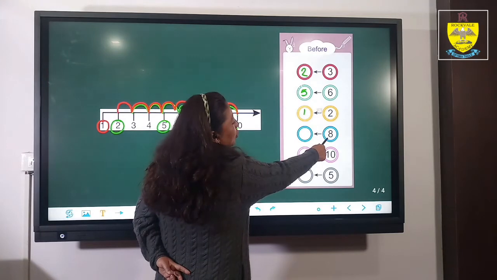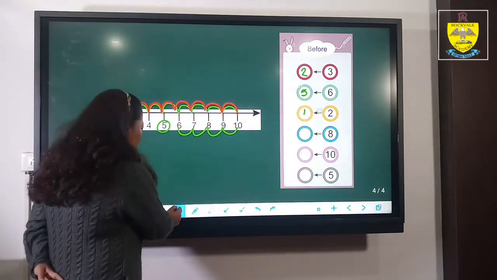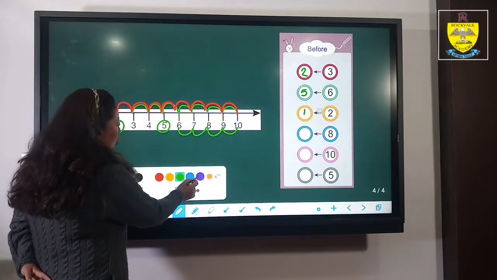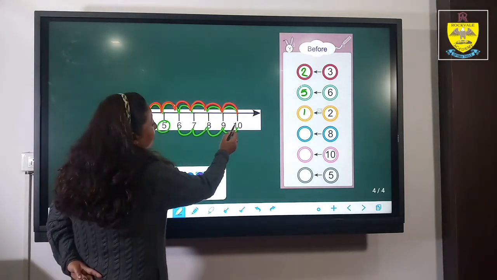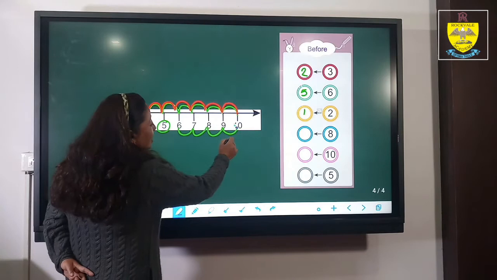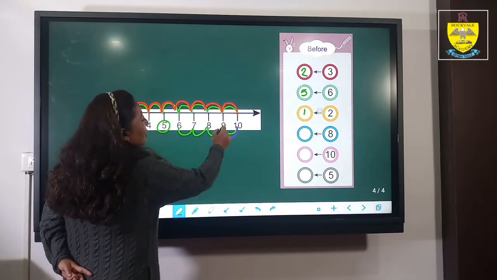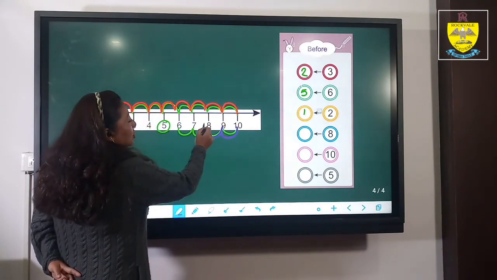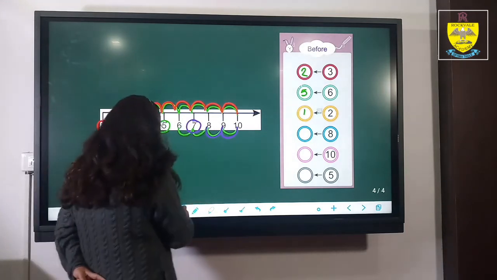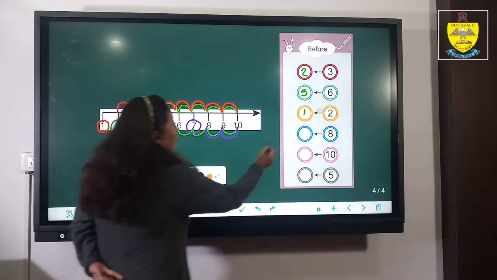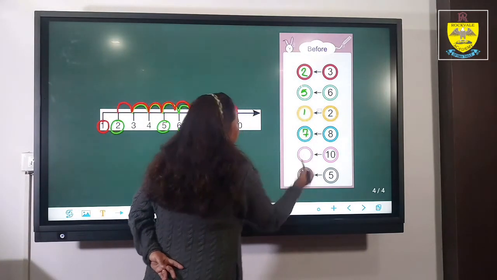Okay? Look at the next question here. What comes before 8? For this also, you will have to do backwards counting. Let's do backwards counting again. So it's 10, 9, 8. What comes after 8? 7. So the answer here is 7.